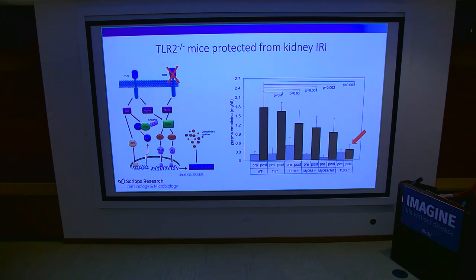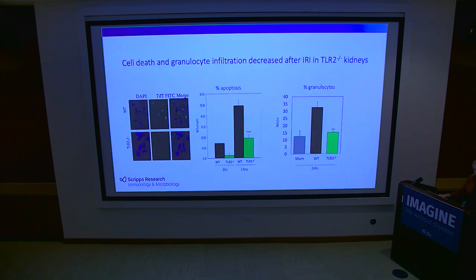This was a little surprising because we should have had protection with blocking MyD88 and TRIF as well, which we do see some protection, but more profound protection from TLR2, suggesting that there might be an independent effect. Whether this is due to the localization of TLR2 in that region or alternative signaling pathways, we're not sure. We see less cell death and granulocyte infiltration, which is no surprise.